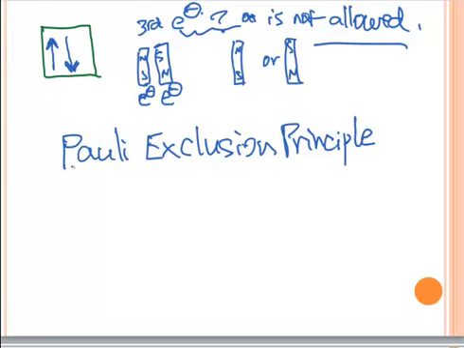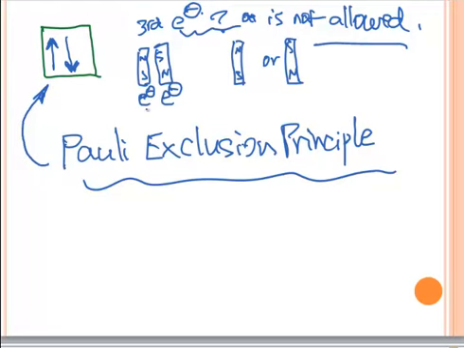It simply says that for each atomic orbital, you can have a maximum of 2 electrons, and they have to spin in the opposite direction. For that reason, the magnetic attraction overcomes the electric repulsion, so they can hold together. The third one is not allowed.